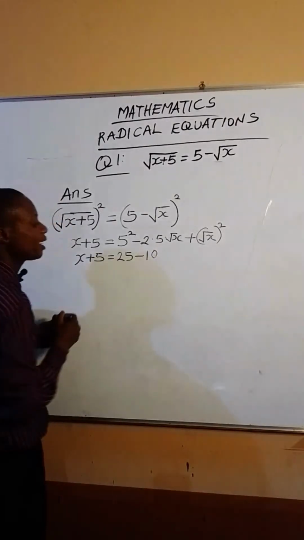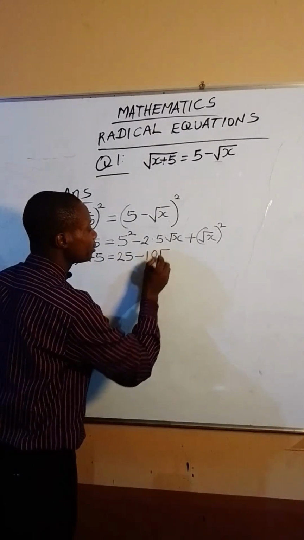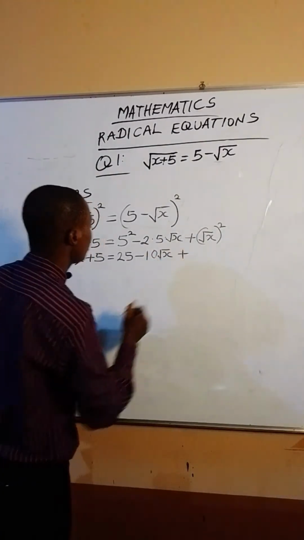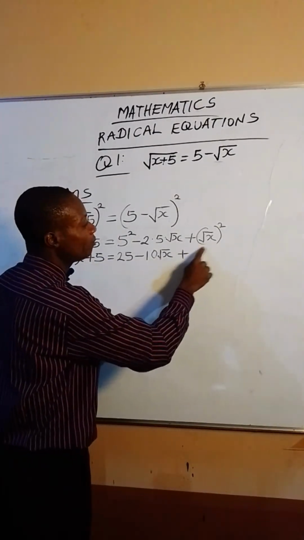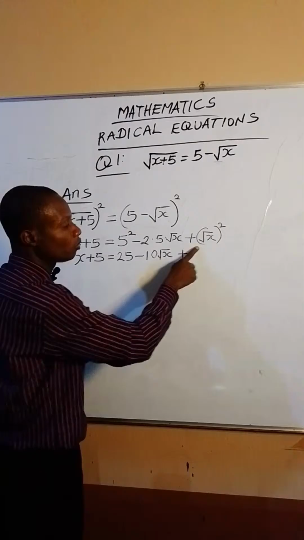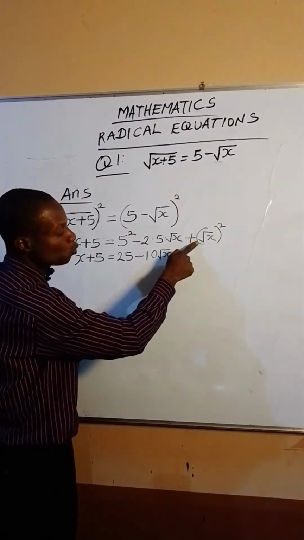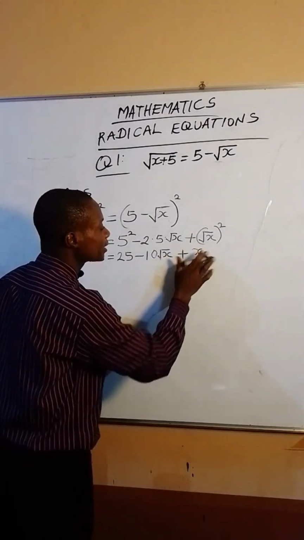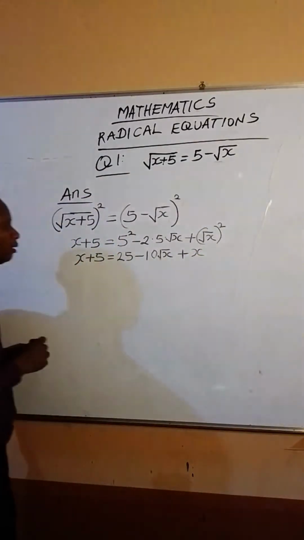So we fix our 10 here, then root x. Then plus, here we have the square and the square root. The square cancels the square root, so we are left with nothing but x. We are left with only x here.